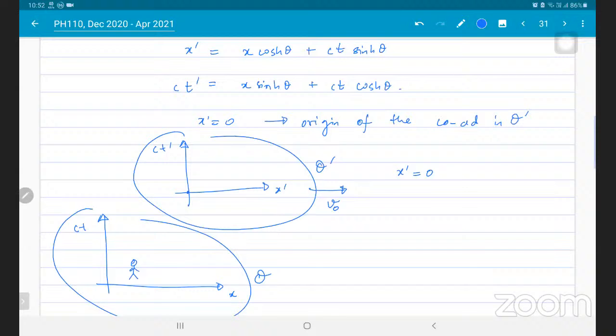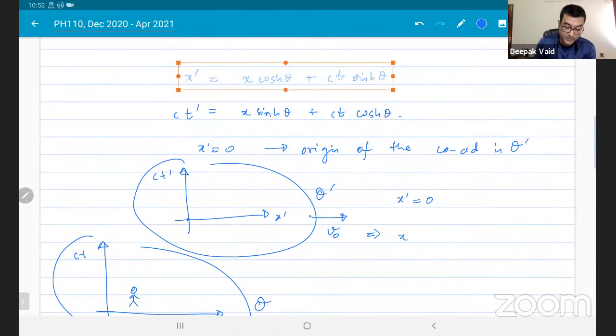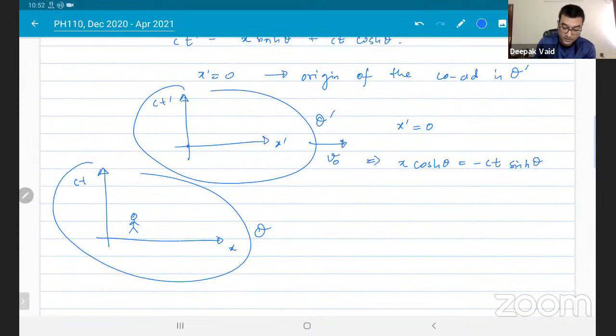Right. So if x prime is equal to 0, that means if I look at this expression, I get x times cosh theta is equal to minus ct sinh theta, or x by ct is equal to minus tanh theta.